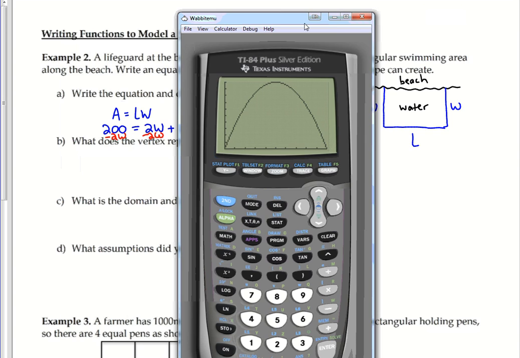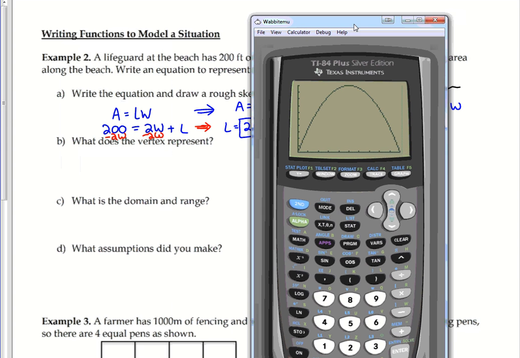All right, let's find our maximum. So what does the vertex represent in this question? If we're graphing area versus width, this is our area. As our width increases, our area goes up, and then our area goes back down. Right? So if our width was 0, would it actually be a rectangle? No, and our area would be 0, or that wouldn't even exist, right?